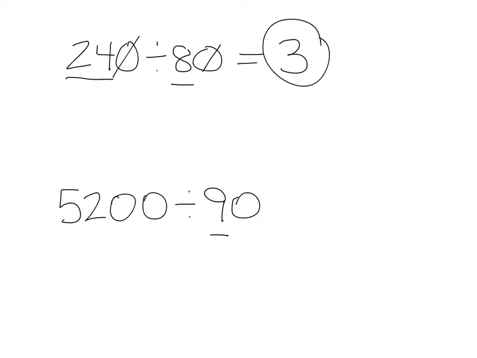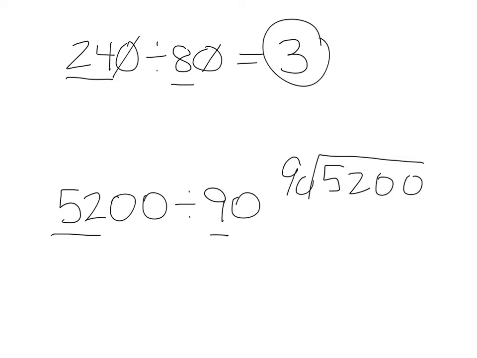In this example, 9 does not divide into 52, so I can't use the shortcut. I need to divide it out to find out what my real answer is. So 5,200 divided by 90. 9 goes into 52 about 5 times. So 5 times 90 is 450.